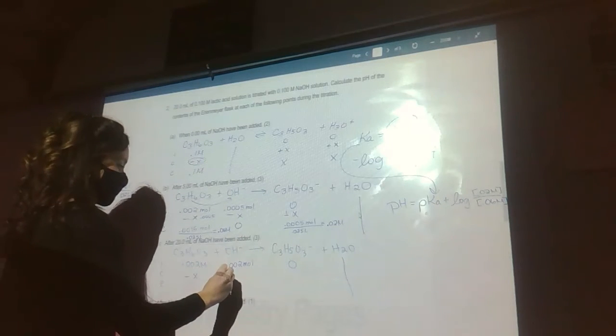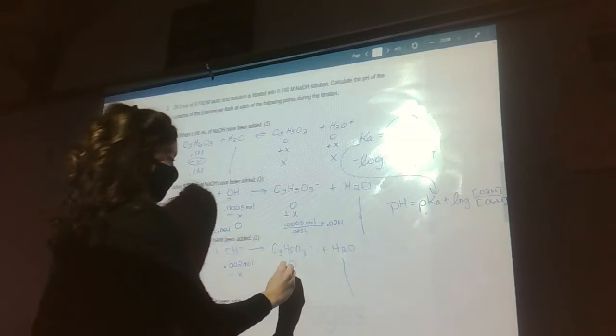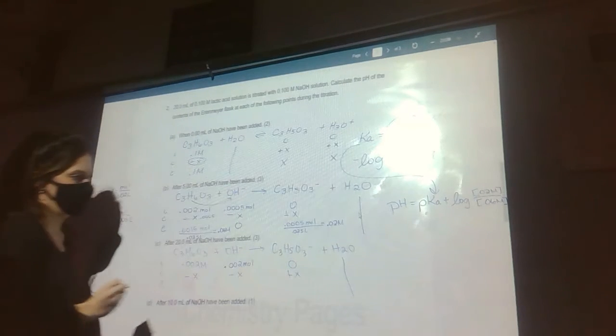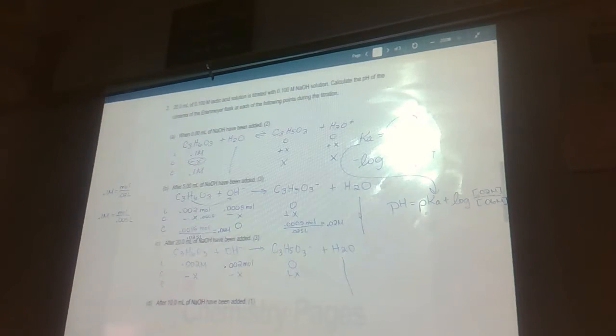Minus x, plus x. What's my limiting reactant? You don't have one. That's the point of the equivalence point. They're equal. So I've run out of both.